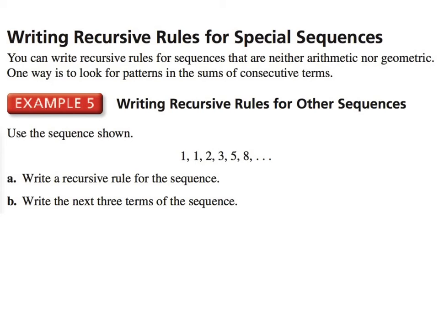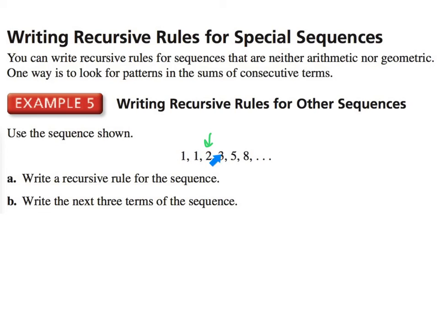Well, if you looked at it, to get the third term, you would add the 2 terms before it. To get the fourth term, number 3 here, you would add 1 plus 2.